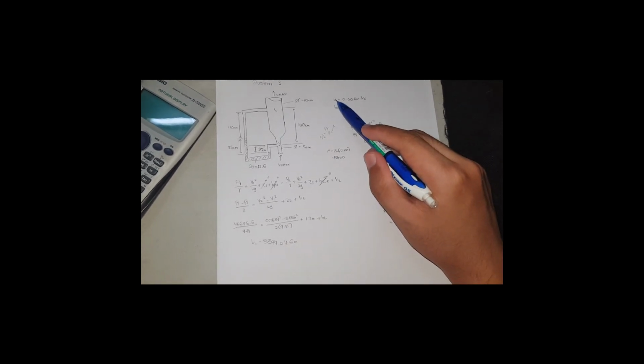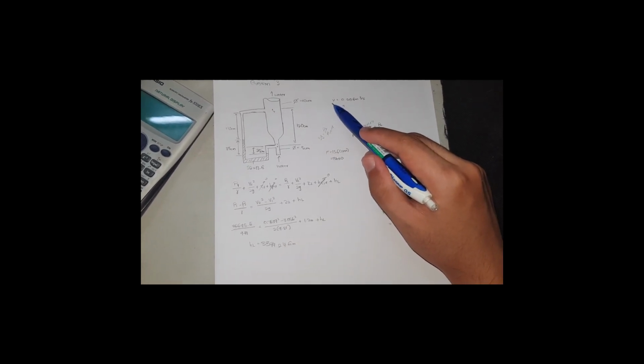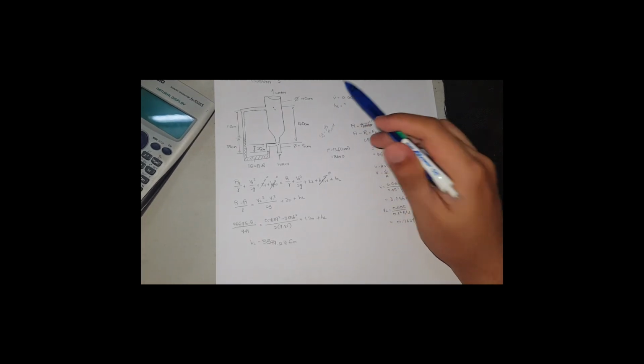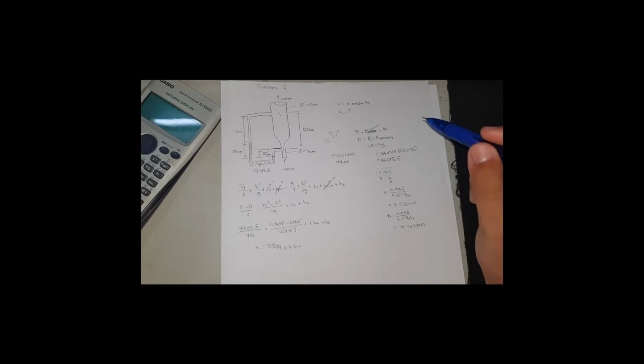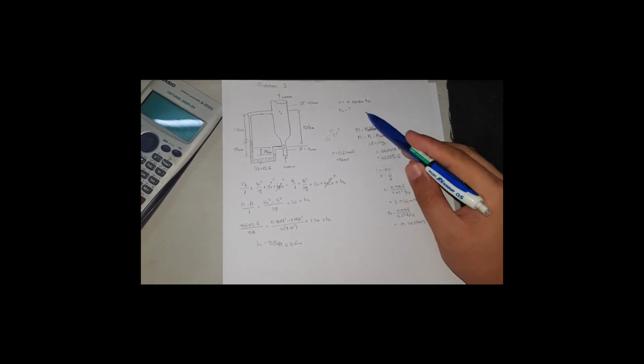Same goes to the V. We don't know what the V is, but the question gives us the volume flow rate, V dot. With the equation of the V dot, we get V dot equal to AV. The one that we want to find is the V, and what we can find is the area and the V dot that is given.